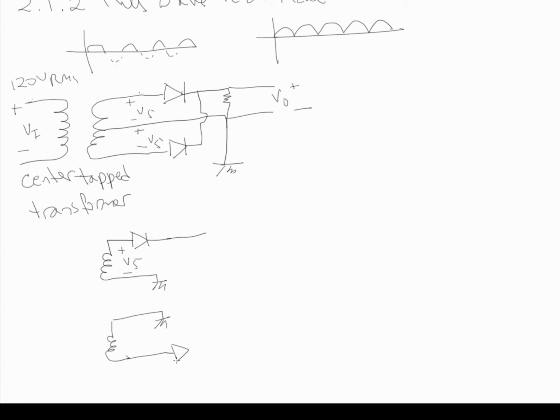I looped them together and redrew it so it's a little simpler to conceptualize how it works. This is our ground here, and this is our plus minus V out.